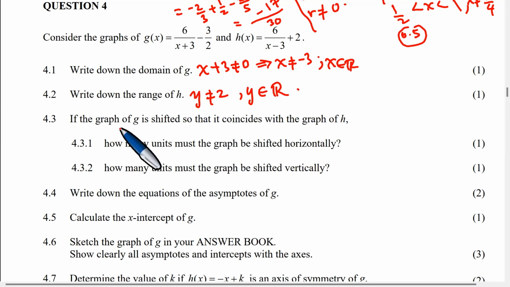If the graph of g is shifted so that it coincides with the graph of h, how many units must the graph be shifted horizontally? How many units must the graph be shifted vertically? Next question.